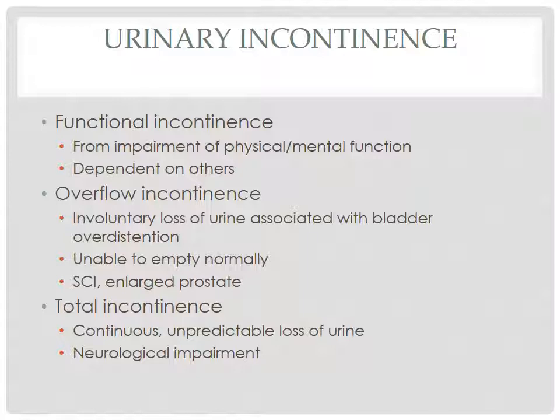Overflow incontinence is associated with urine that's lost when the bladder is over-distended and they're unable to empty normally. You'll see it with a spinal cord injury or somebody that has benign prostatic hypertrophy, where they will have dribbling of urine. That's overflow incontinence. Total incontinence is somebody that has a continuous and unpredictable loss of urine.